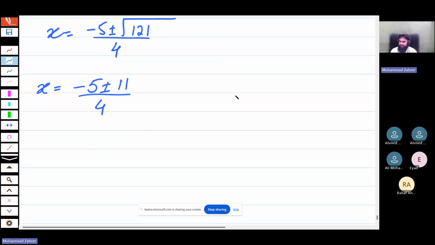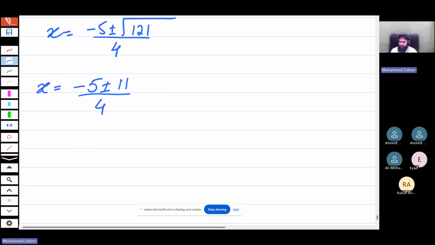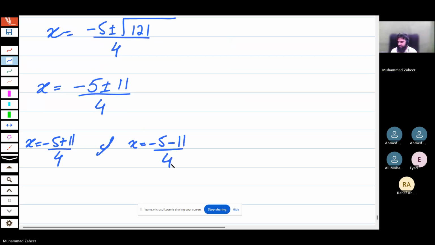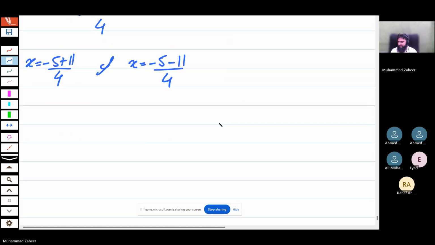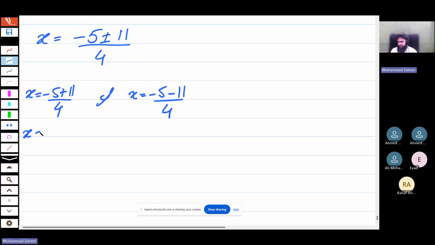Now we have positive and negative values. We will split them, with a positive value, positive 11 over 4, and x is equal to negative 5 minus 11 over 4. So x is equal to 11 minus 5, which is 6 over 4. That will be 3 over 2, which is 1.5.